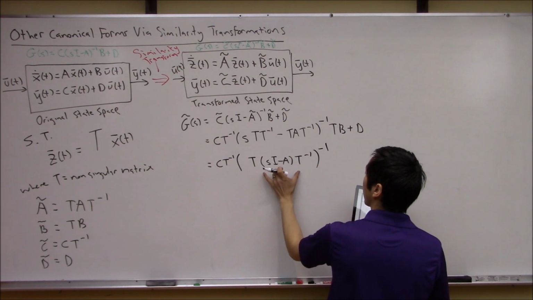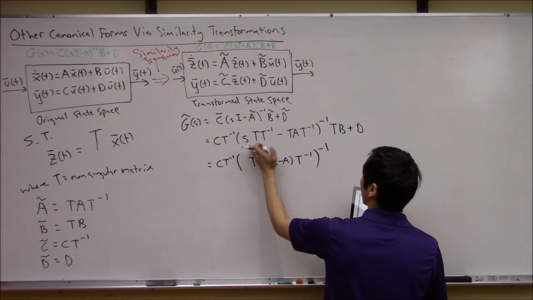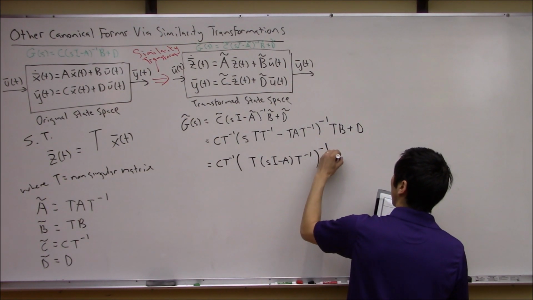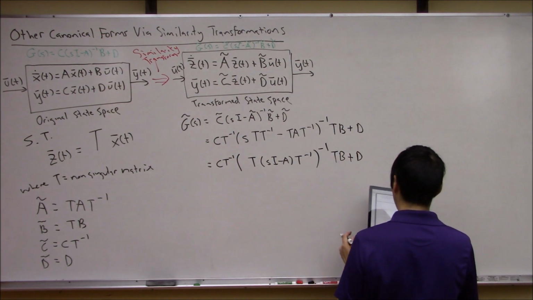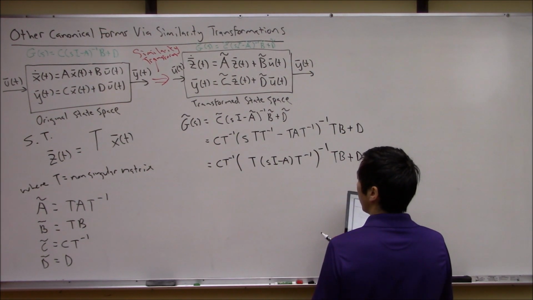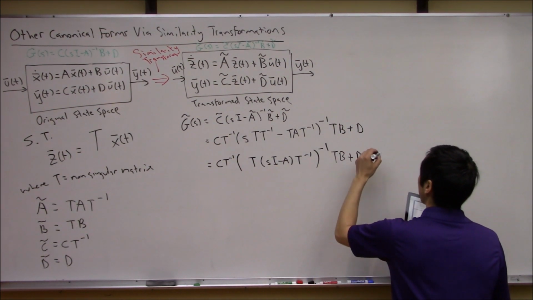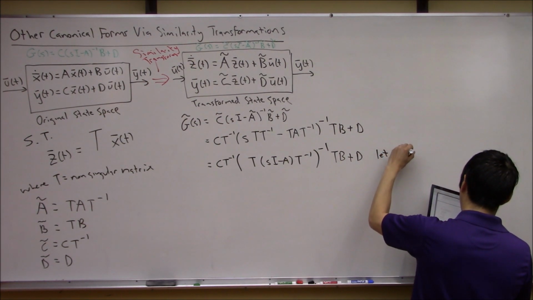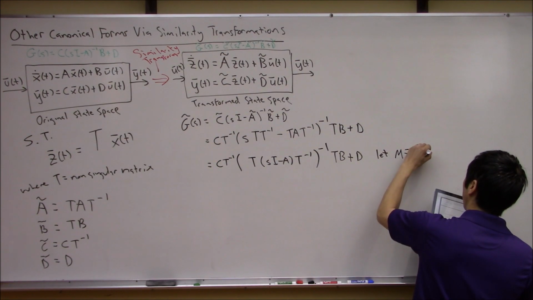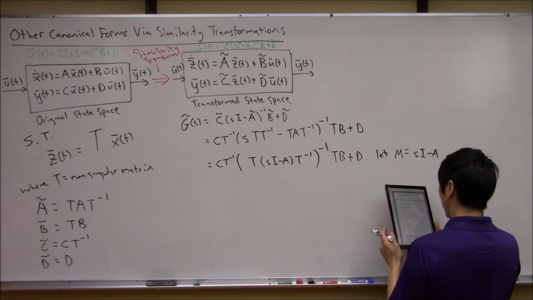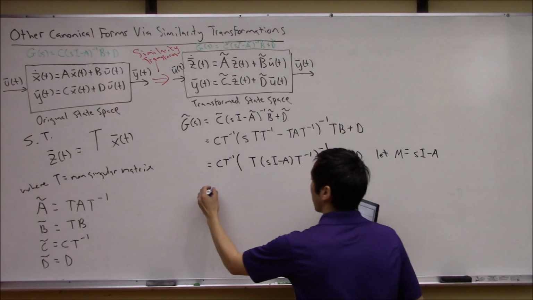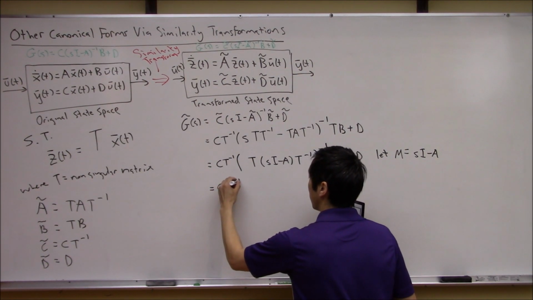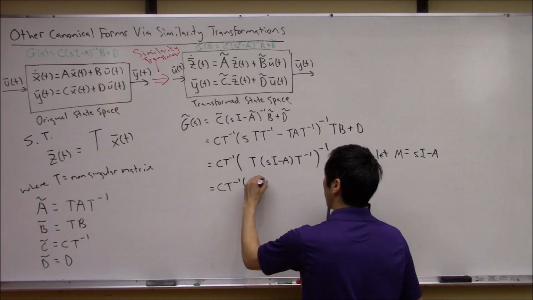Did everyone agree this is just a manipulation of what's inside the parentheses? Great. Now, to make our lives easier, let's make a substitution. I'm going to define a matrix M as the quantity sI minus A. In that case, we can write this as C T inverse, T M T inverse, inverse.